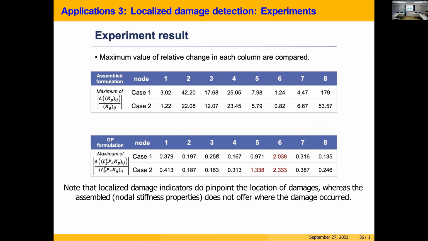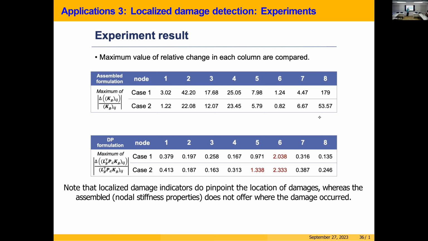And this is again KD. And this one shows that damage occurred in case 1 is 42. Here, damage occurred in 11A, which is totally wrong. By looking at this, you see case 1, damage occurred in 6, and case 2, damage occurred in both 5 and 6.